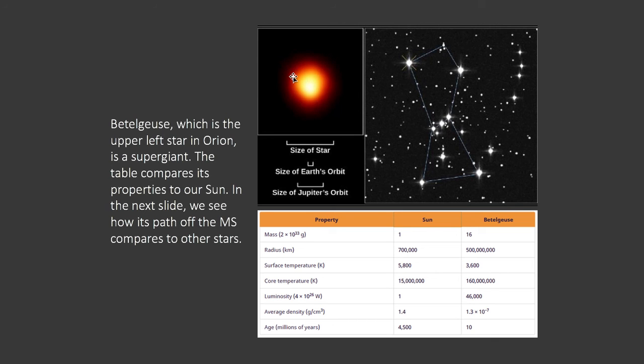For size comparison, you can see here in the picture, size of the star is this line here. The size of Earth's orbit is here. So if we were orbiting around Betelgeuse at the same distance we're orbiting around the Sun, we'd actually be inside the star. And that would be even true for Jupiter's orbit.